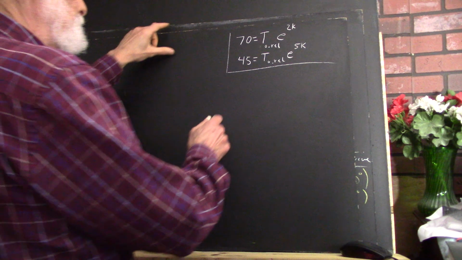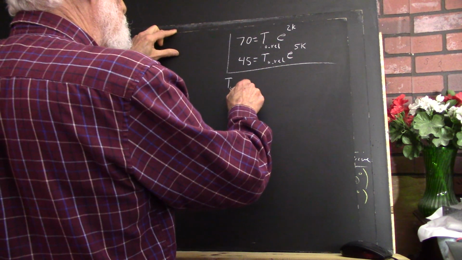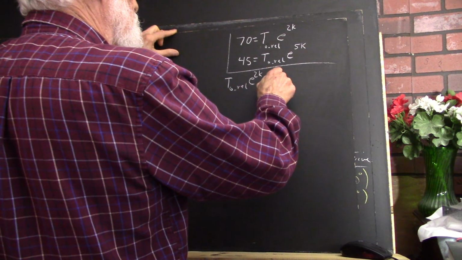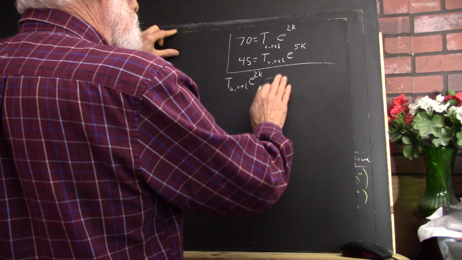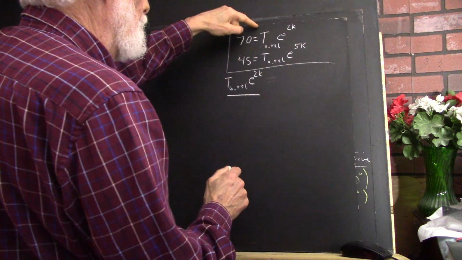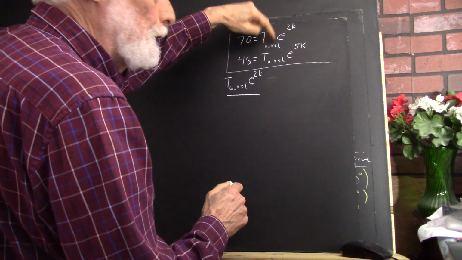So I'm going to say, this divided by this, it means I'm going to divide this by this.